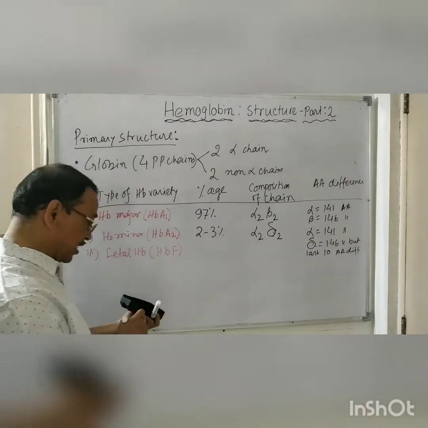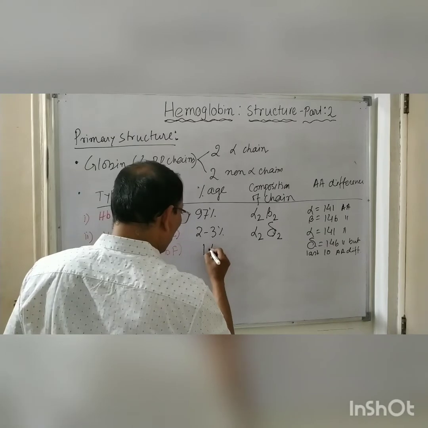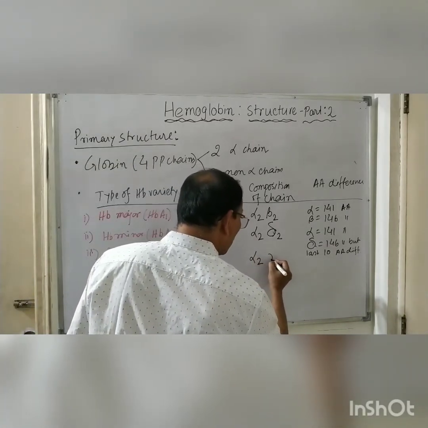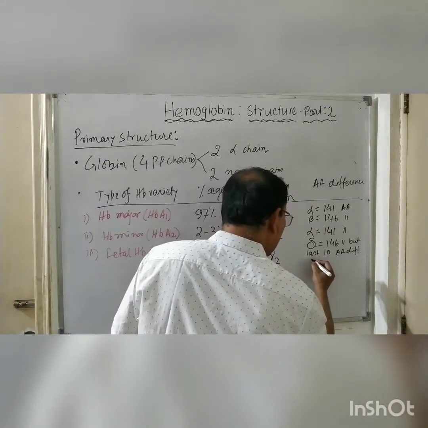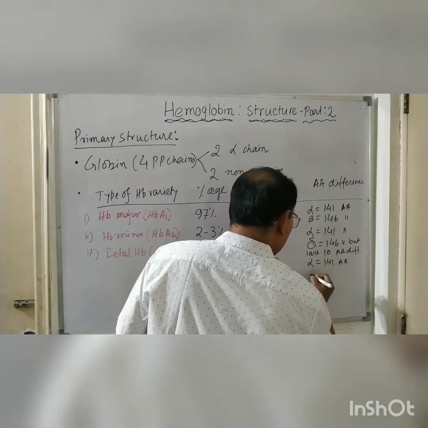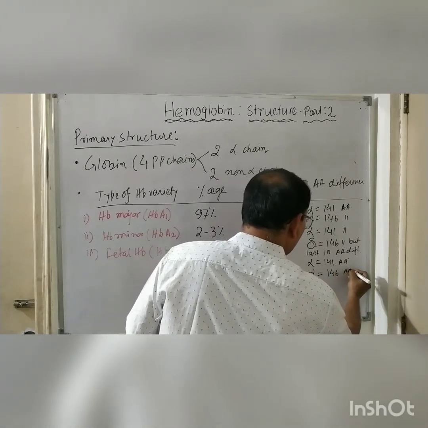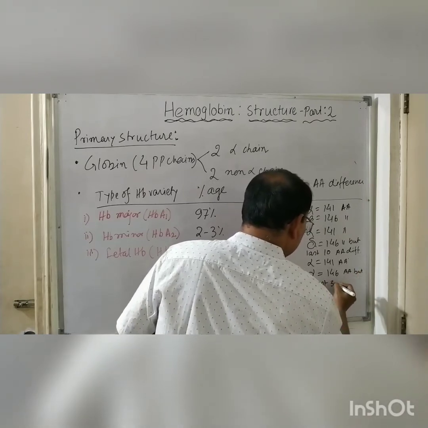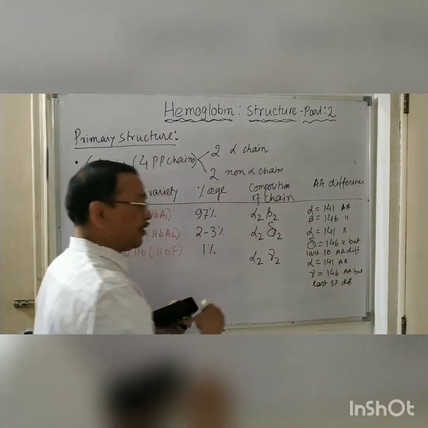At the time of birth, only a negligible amount of fetal hemoglobin is present, which is around 1%, and this is comprised of 2 alpha chains and 2 gamma chains. Here again, the alpha chain is comprised of 141 amino acids and the gamma chain of 146 amino acids, but the last 37 amino acids differ.